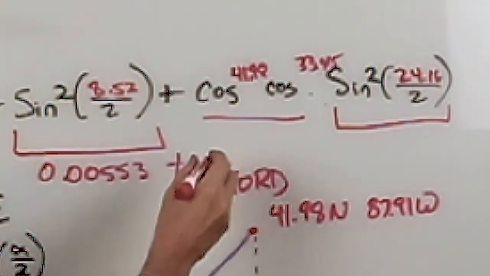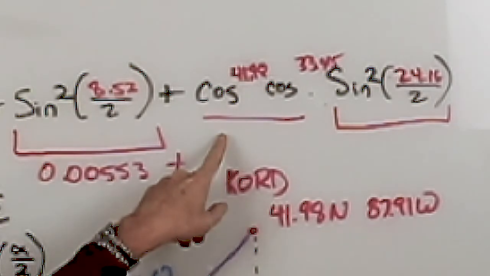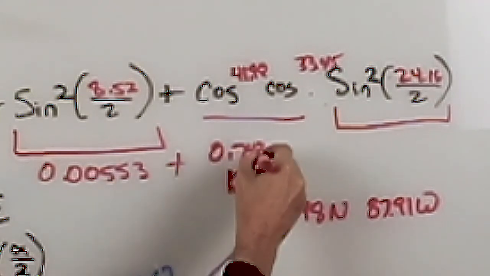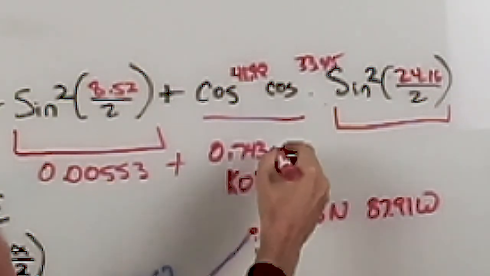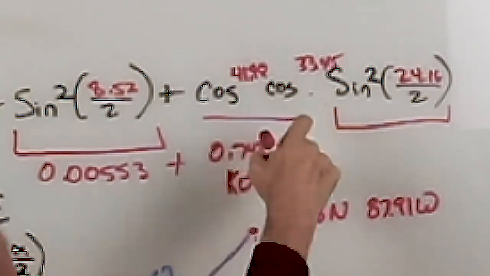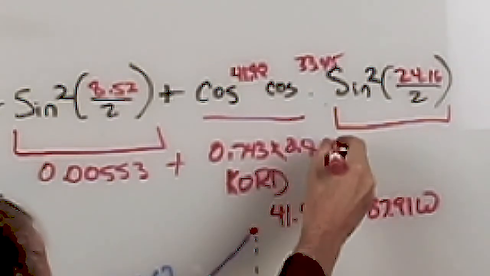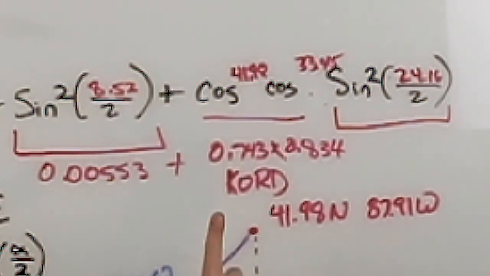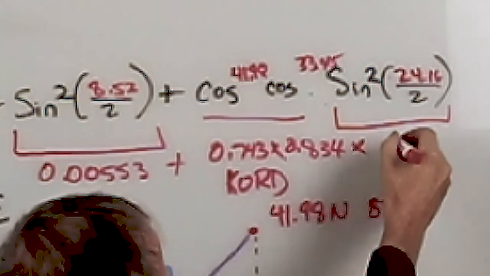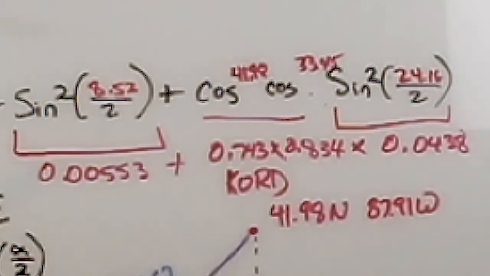To that, we're going to add the cosine of 41.98, which is 0.743, times the cosine of 33.45, which is 0.834, times the haversine, which is going to be 0.0438.